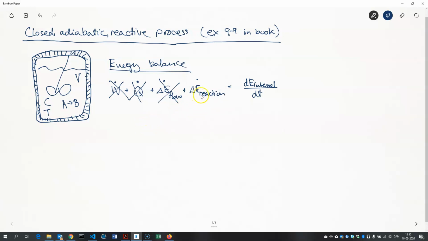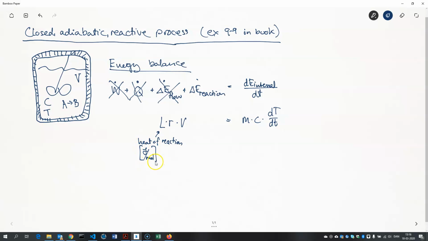So the energy of reaction here we can write as L times R times V, and the right hand side we can write as M times C times the time derivative of the temperature. So here we have the specific heat capacity, here we have the mass of the contents of the tank, here we have the volume of the tank contents, and L here is the heat of reaction, and we measure it in joules per mole.